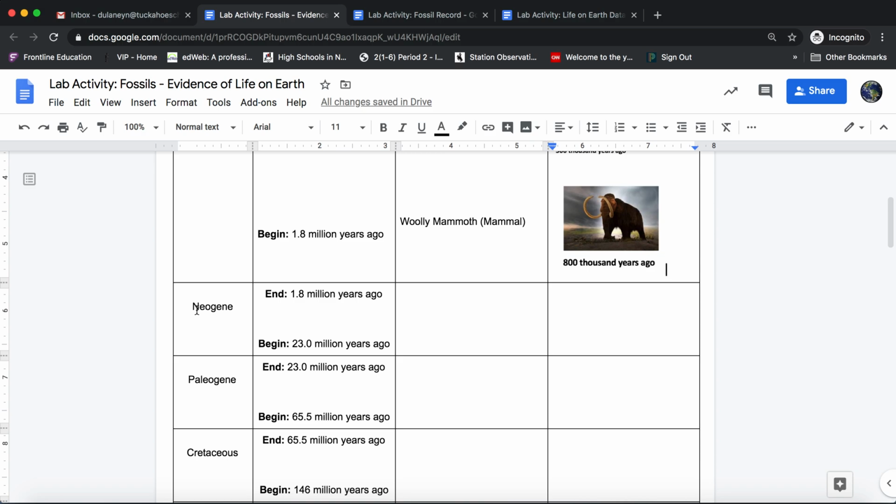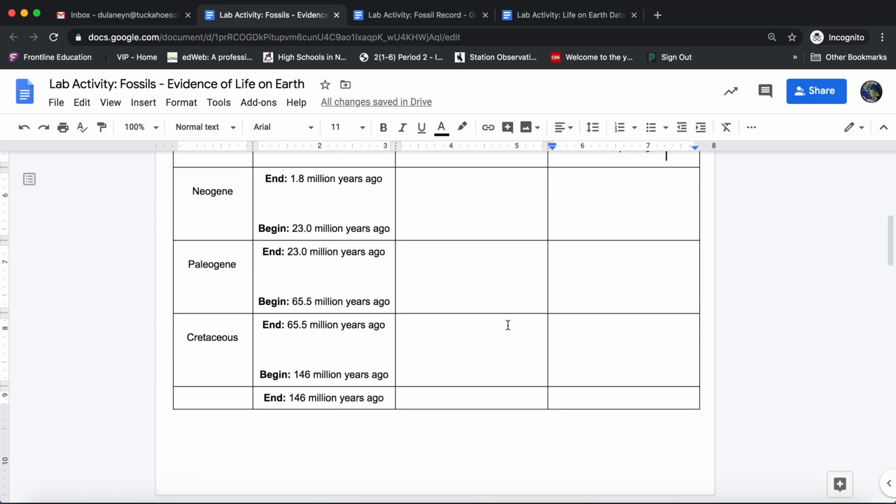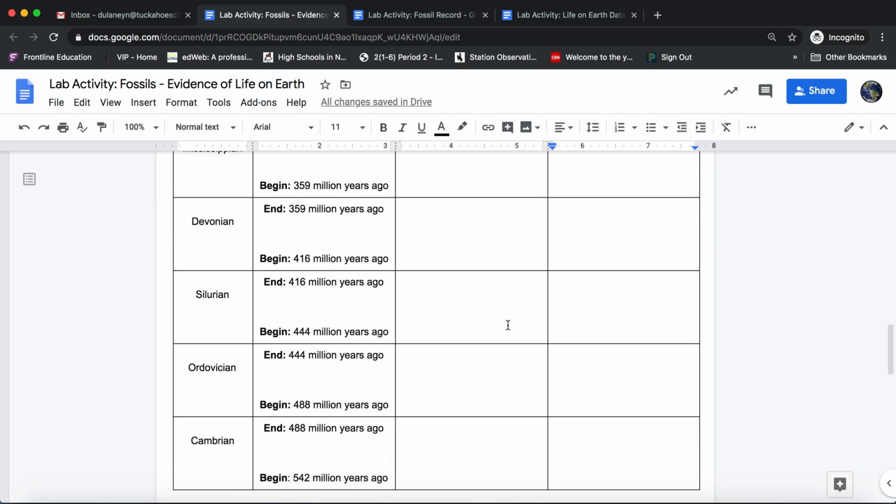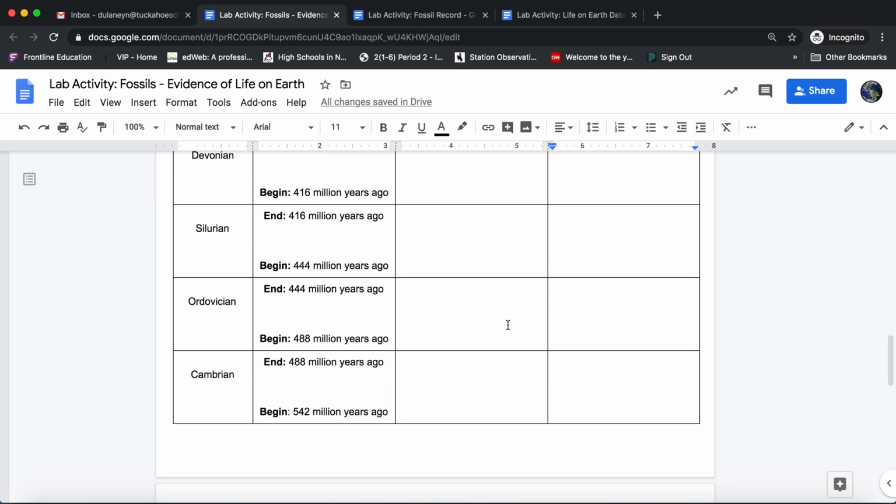So for this next time period, the Neogene, you're going to be looking for organisms that existed only between 1.8 and 23 million years ago. And you're going to have 2 fossils and 2 names of organisms to put into this row. Ultimately, you're going to complete this whole data table, and you're going to see how organisms have changed from past to present through the process of evolution.